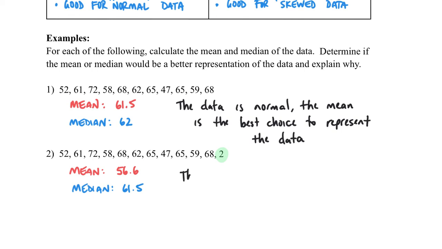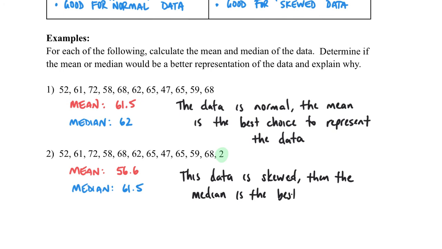But if the data is skewed, then the median is the best representation because it's not skewed by the outlier. So, normal data, mean. Skewed data, median. That's what you really need to know.